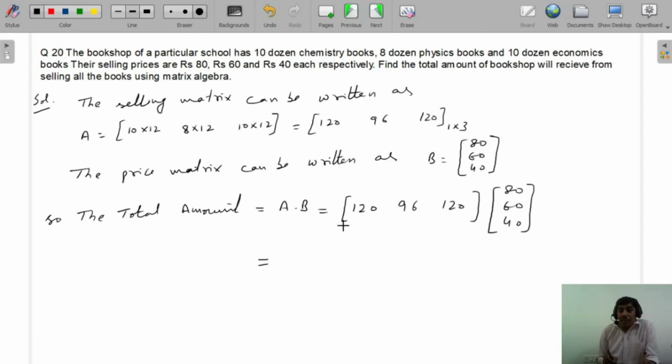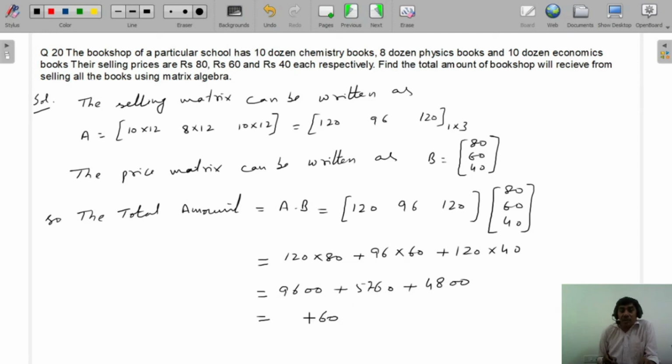Multiply these matrices. 120 into 80 plus 96 into 60 plus 120 into 40, which is equal to 9600 plus 5760 plus 4800, which is equal to 20,160.